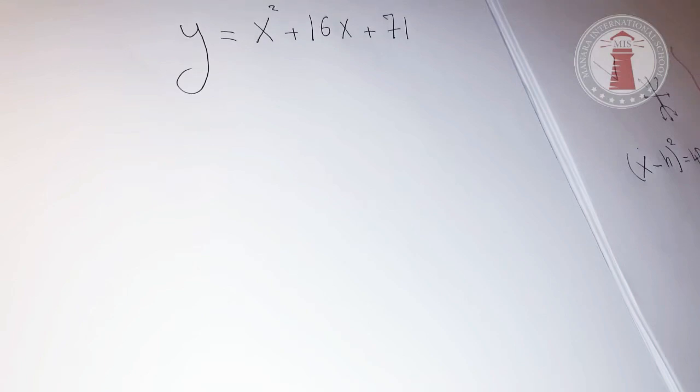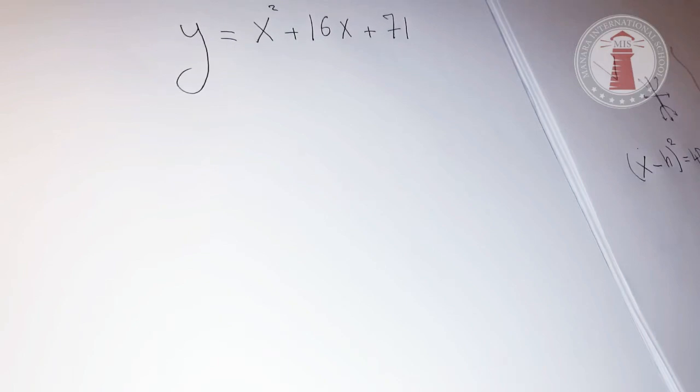So what we need here is a vertex form. Sometimes I might say find P, or find H, or find K. In this case, you need to change it into the vertex form, so it doesn't have to be a straightforward question.